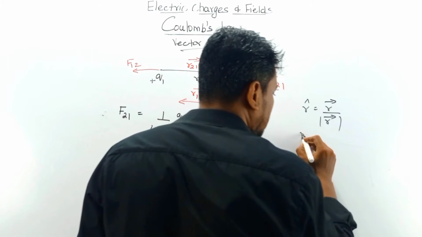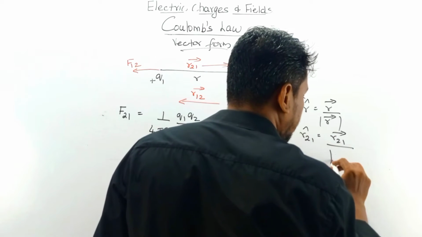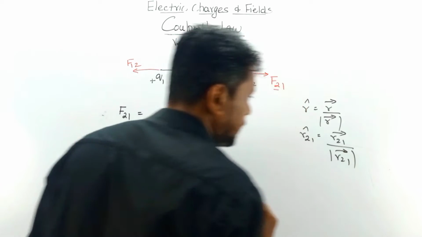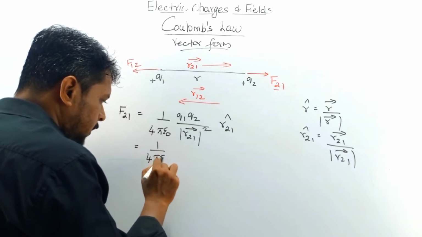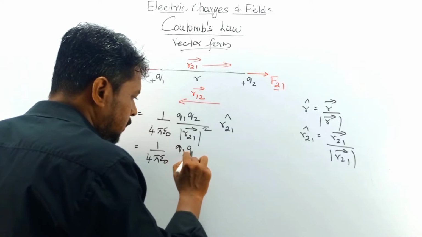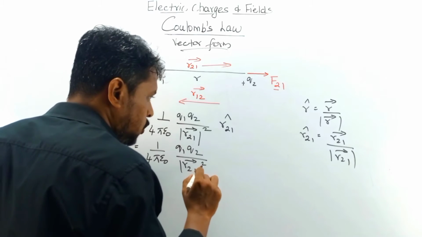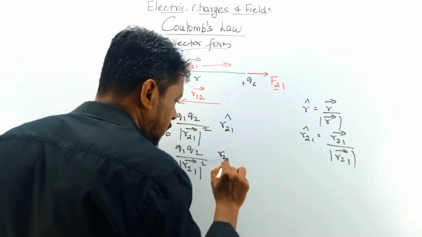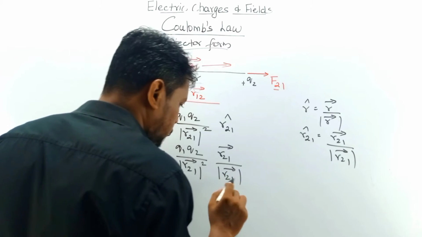Similarly, r21 cap could be written as r21 vector by modulus of r21 vector. So this could be rearranged, replacing the unit vector by the vector over the magnitude.